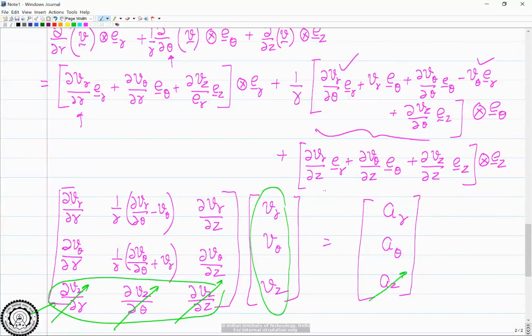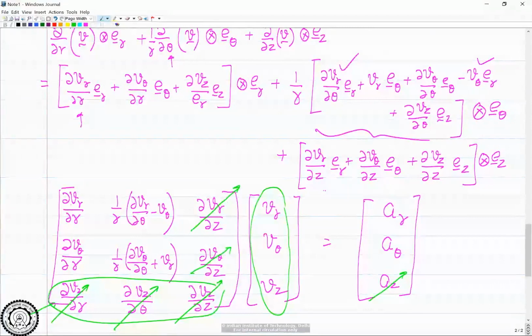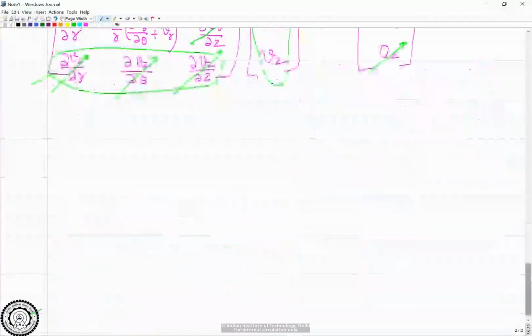Okay, quite simple. But for the other ones, you just have to put the formula and find out. All right. In fact, these are also 0. Anyway, so then I leave it to you to complete this. Okay, so this was about Eulerian motion, how to get acceleration.